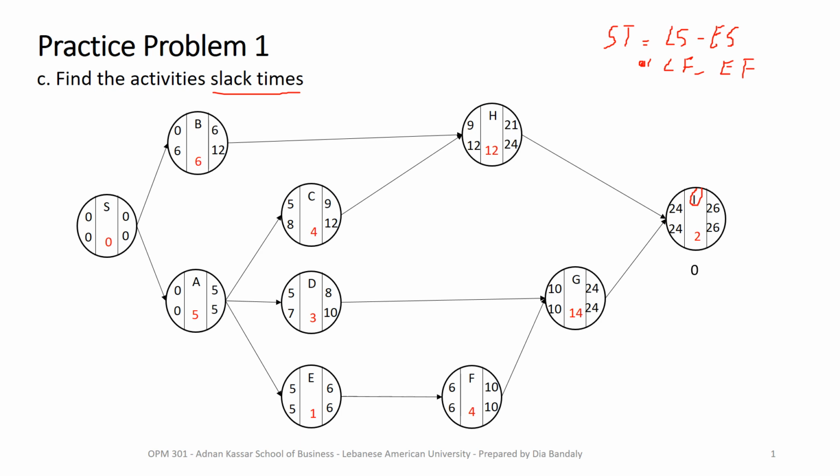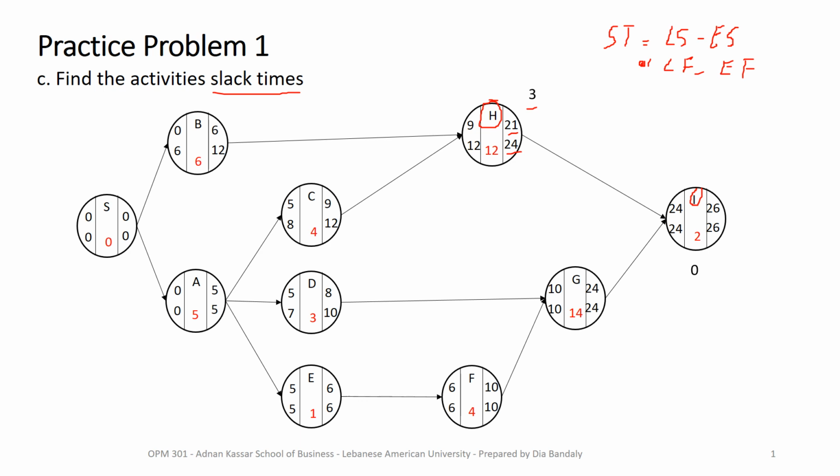Okay, now for activity H, it's not the same case here, because we can see that the late finish is different than the early finish, and the same for the late start and the early start, and their difference is 3, right? It's 24 minus 21, we get 3.